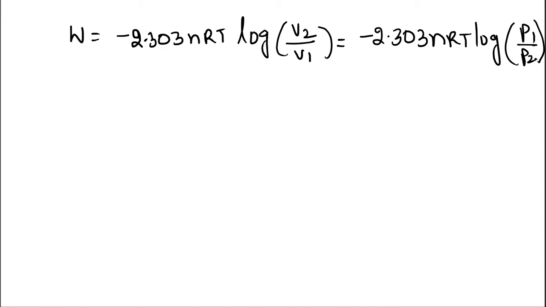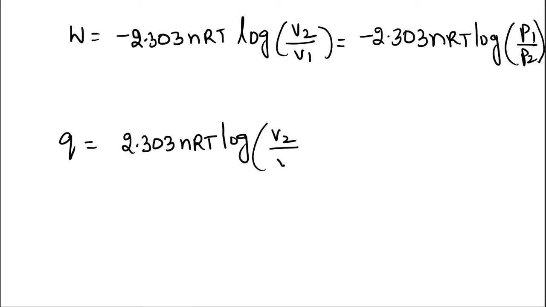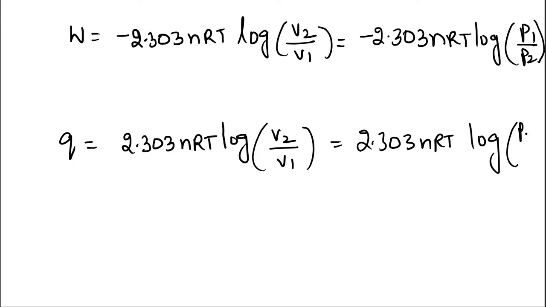So earlier one is a natural log, this is a log expressed in base 10. The same way heat equal to 2.303 nRT log V2 over V1, which is equal to 2.303 nRT log P1 over P2.